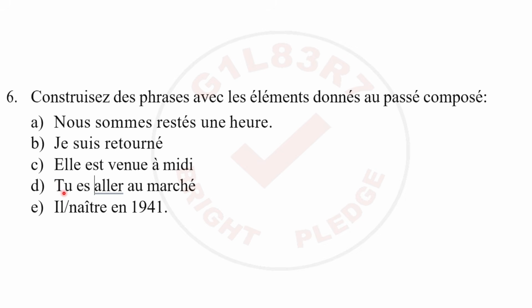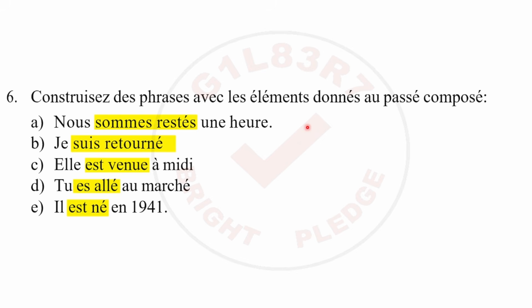And the next one, tu es allé, so meaning you went to the market. All right. And the last one, you're going to say he was born in 1941. So il est né. So you would have to remember the être conjugation followed by the past participle of the given verb.